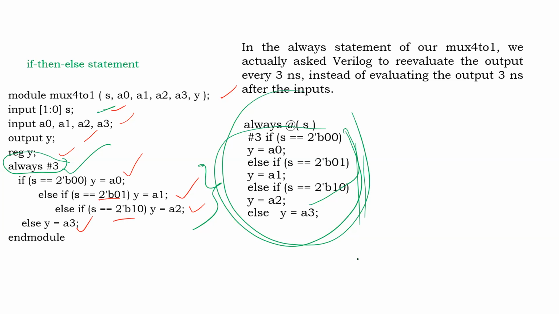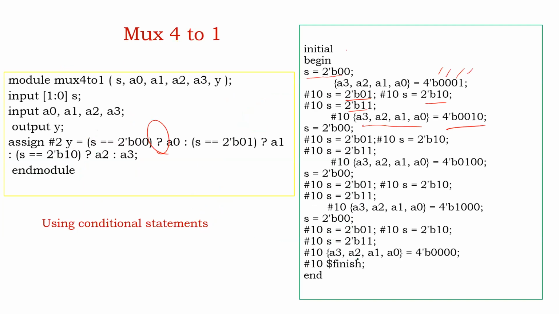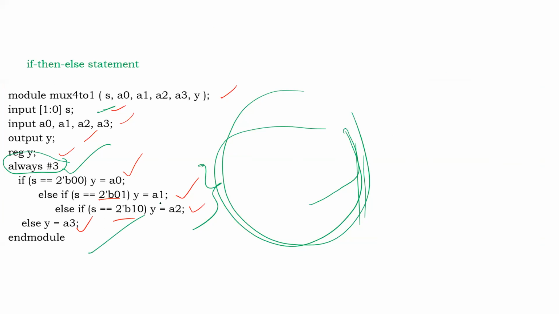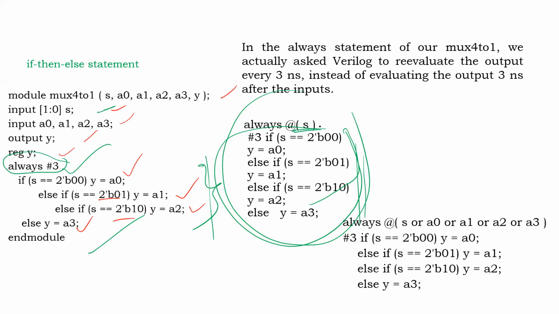The same 4 to 1 mux you can implement with case statements and also with if else statements. In the if else statement, the type is the same, but you are not using a sensitivity list in one; in another I take the sensitivity list as the select lines. One more type is always at the rate of all the variables.